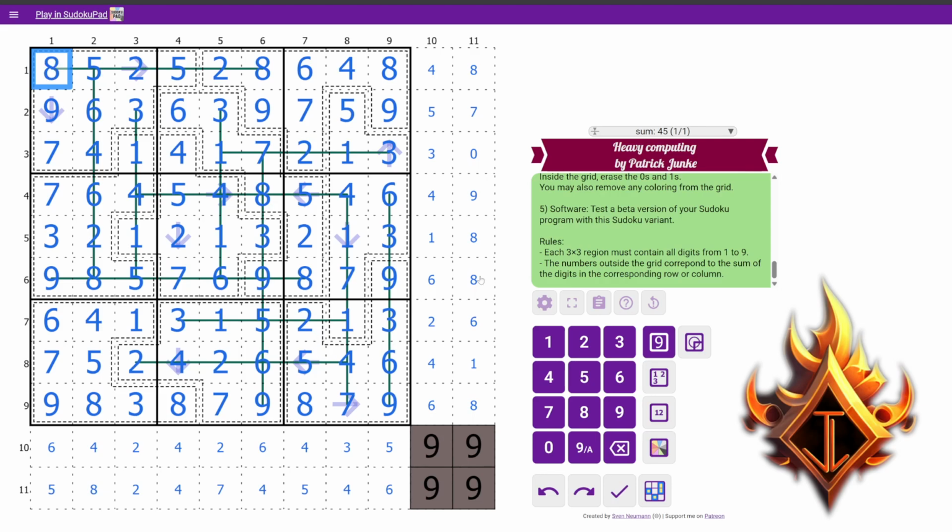Ooh, maybe not. I don't know if this is correct or not, but it feels like it is. Let me check this. 15, 30, 48. So I mean, it didn't say.